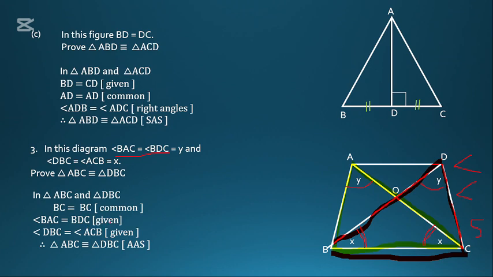Right, so therefore we have that reason there given. Then angle DBC is equal to angle ACB over there, and that's also given. For that reason, triangle ABC is congruent to triangle DBC. Angle, angle, side.